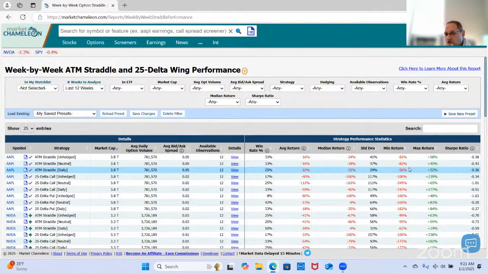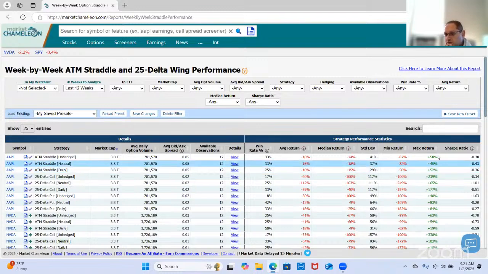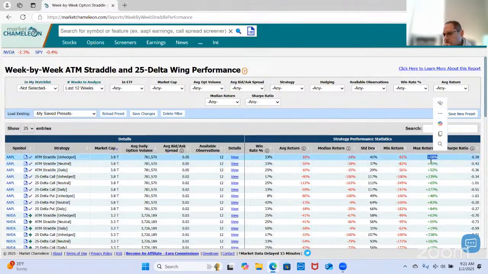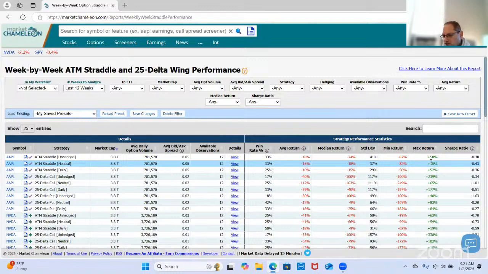Either the call or the put was in the money by somewhat, but didn't cover the full cost or premium of the straddle, and 82% was the worst loss. The best one, the max, was 58%. So that gives you the range. You could see that even in the last 12 weeks, we didn't see any that doubled or tripled. The max one was 58%.